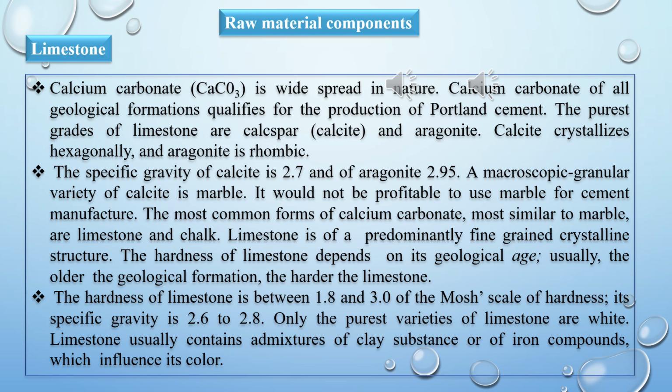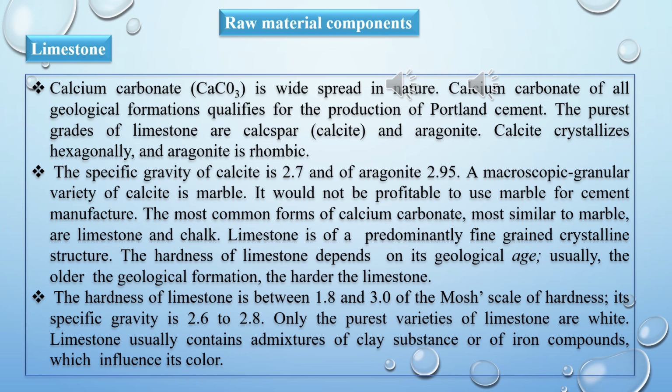The purest grades of limestone are calcspar, which is also known as calcite, and aragonite. Calcite crystallizes hexagonally, while aragonite is rhombic. Students, in this point, he said that calcium carbonate occurs naturally and it is used for the production of cement.